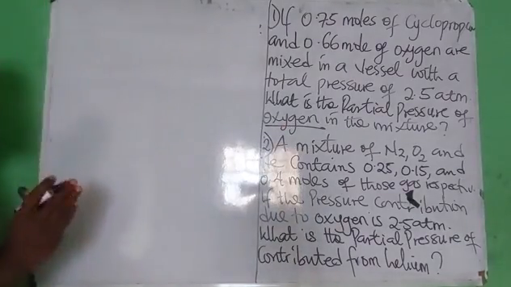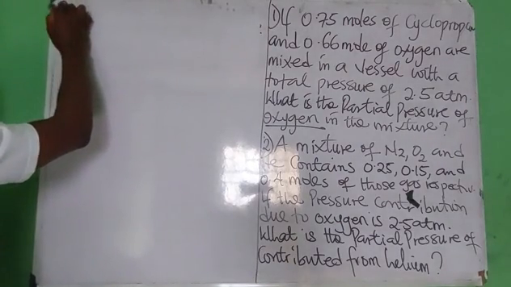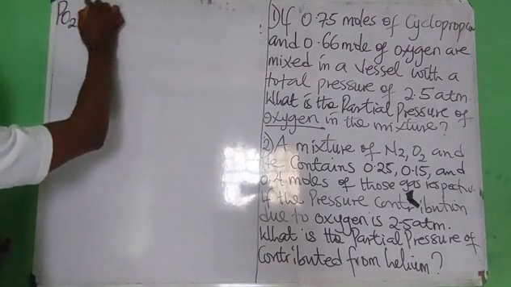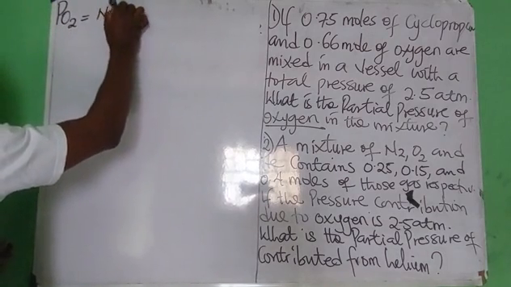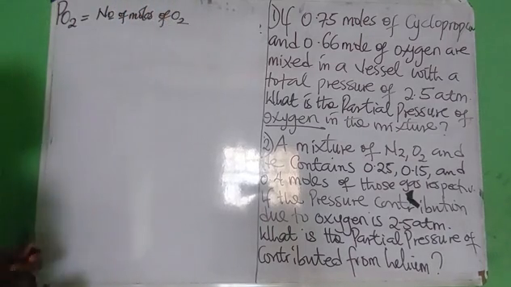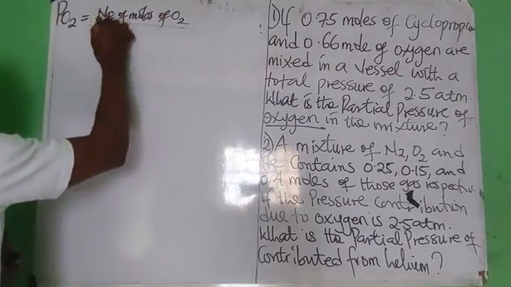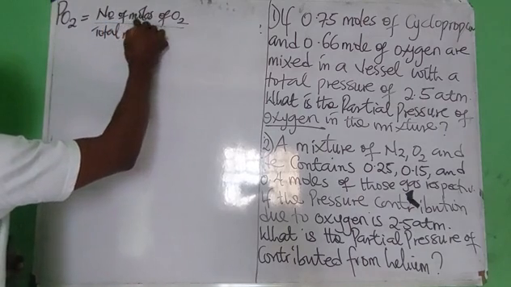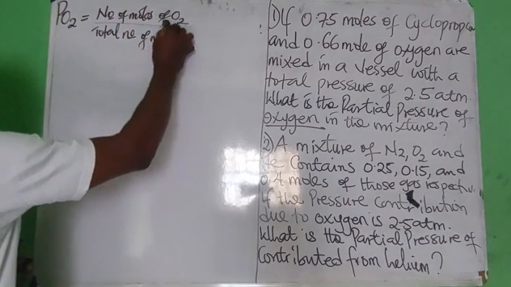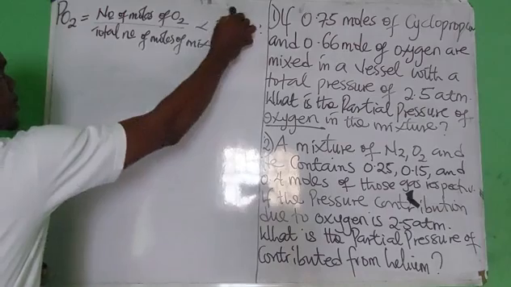The first thing you do is to write out a formula, which is the pressure of oxygen equals number of moles of oxygen, because we are looking for oxygen, over total number of moles of mixture, times total pressure.